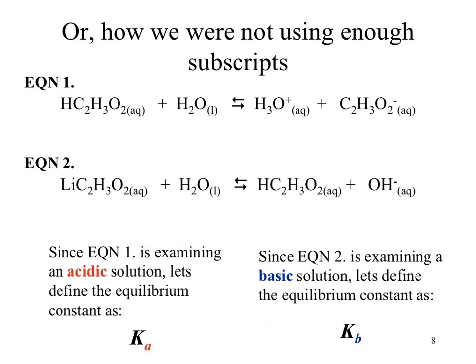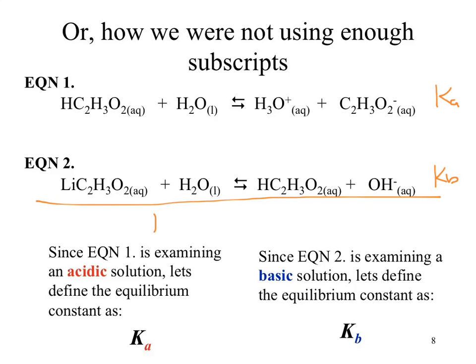How do I know that? What's the relationship between these two equations? Constants, good call, very true. We said this was Ka, this is Kb. What happens if I add these two equations up?